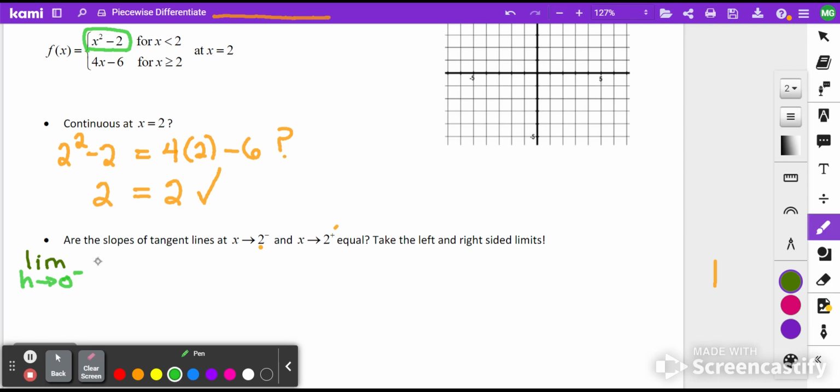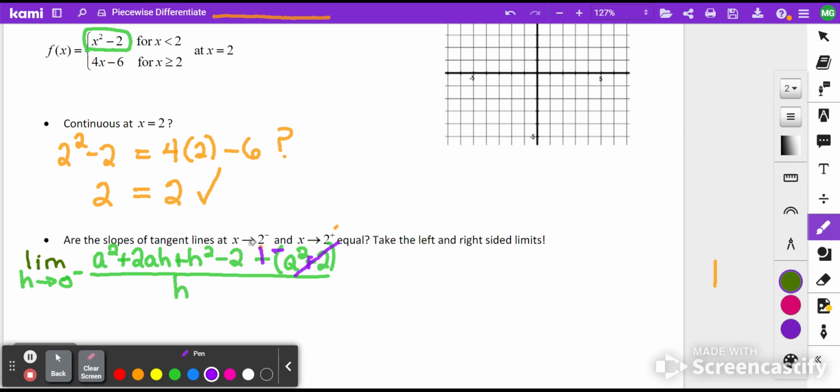So that's going to look like a squared plus 2ah plus h squared minus 2, minus a squared minus 2, all divided by h. And of course, we know we have to take this negative and distribute it in. Positive 2 and negative 2 cancel each other out.